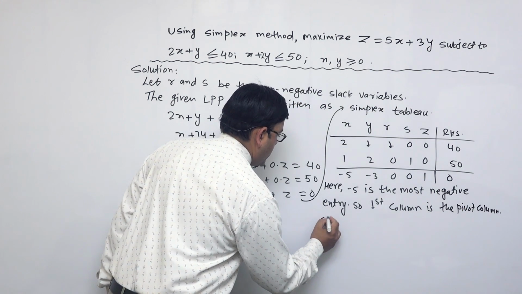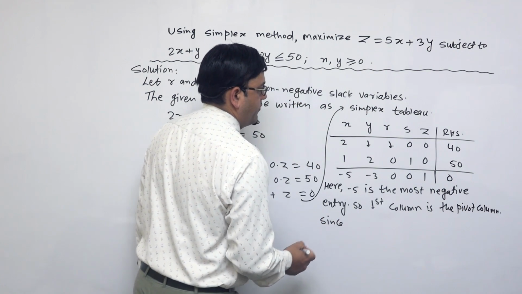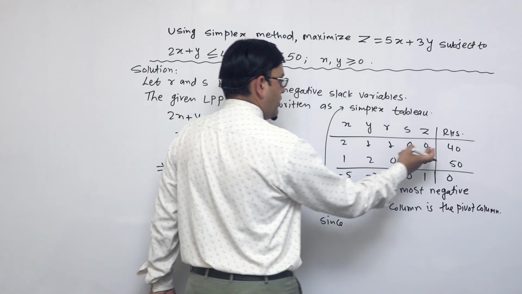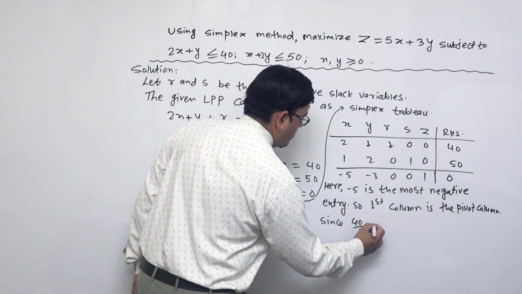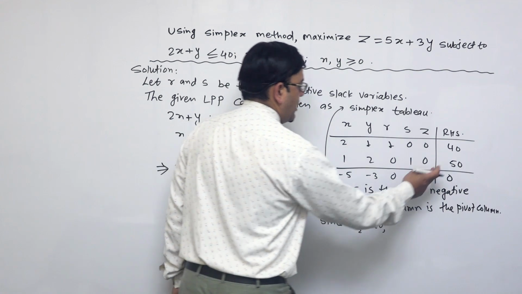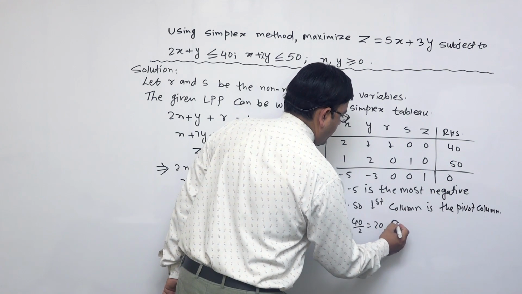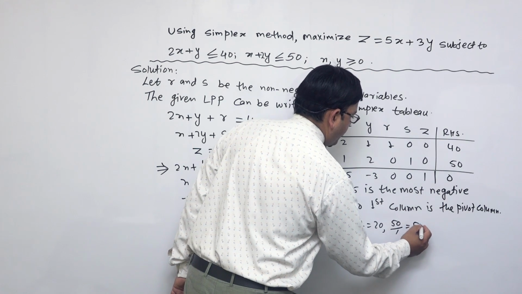Since now, in that case, we have to do 40 divided by 2. Since 40 divided by 2 is equal to 20, similarly 50 divided by 1 is equal to 50.